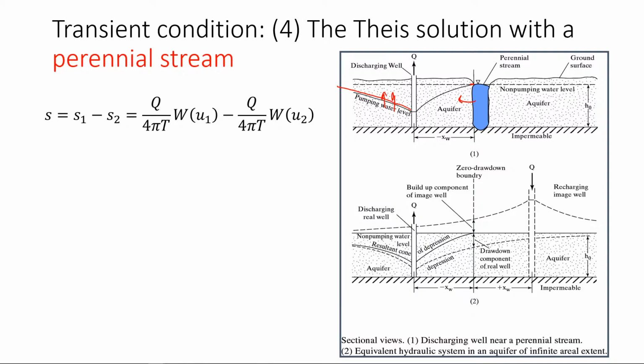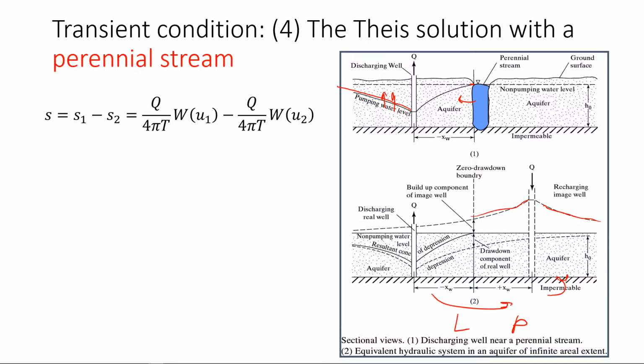Remember the mirroring method. Here we also do a mirroring method, but you invert it. So you mirror left to right and then you invert it top to bottom, because now you don't have drawdown, now you have recharge. So now something extra is coming from here.